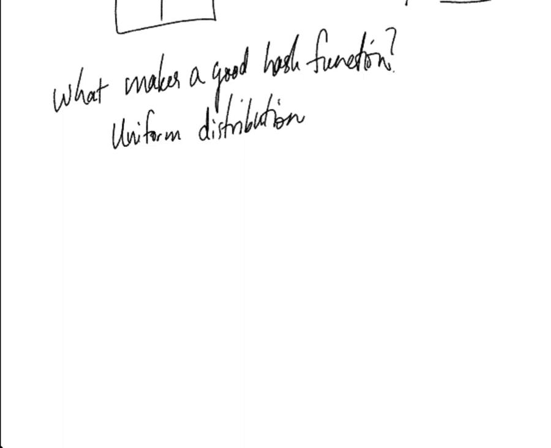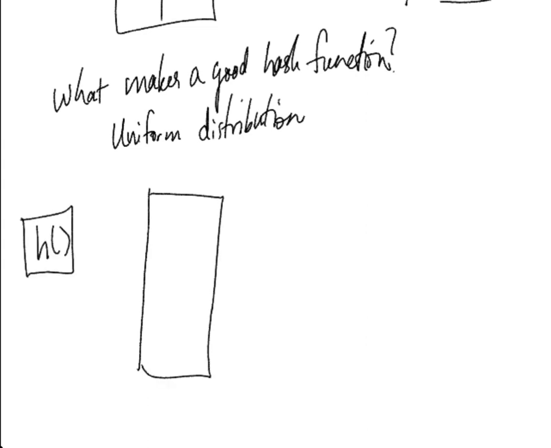Let's say we have a hash table here, and we have a hash function, and we get some inputs, and the first one goes here, and the second one goes here, and the third one goes here, and the fourth one goes here, and the fifth one goes here, and the sixth one goes here, and then the seventh one goes there, and then we keep going here. This is a bad hash function.